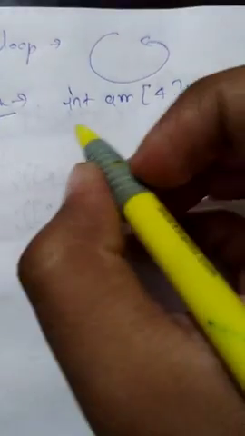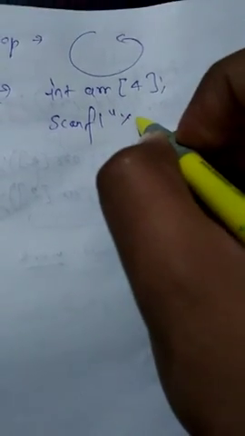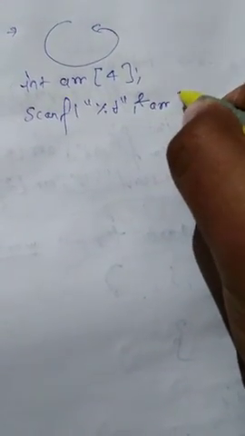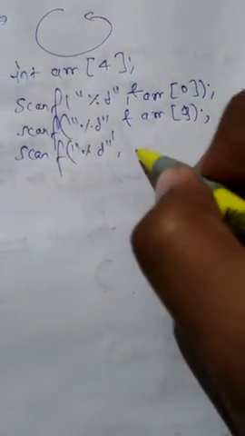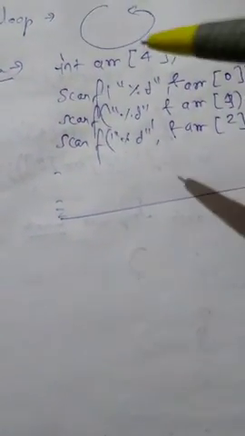If I want to store values in this array without a loop, I have to write scanf %d, arr[0] for the first value, and then again scanf %d, arr[1], and again scanf %d, arr[2]. This is what I would have to follow if I want to store values in the array.